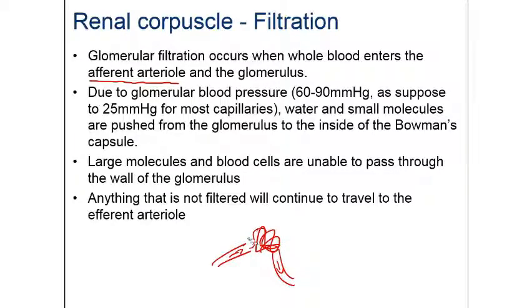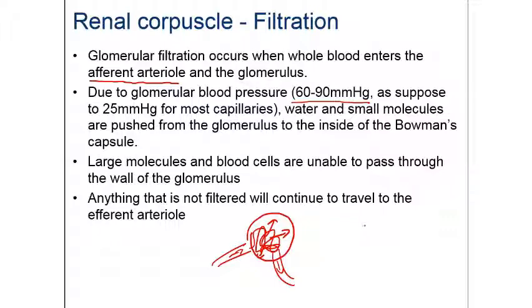So the blood pressure in the glomerulus is actually quite high, 60 to 90 mmHg, compared to the standard 25 mmHg in most capillaries. Since it's capillaries, it's going to be leaky. Compound that with the high blood pressure, it's going to squeeze out a lot of stuff. All the stuff that is squeezed out of the glomerulus is going to be captured by the Bowman's capsule.